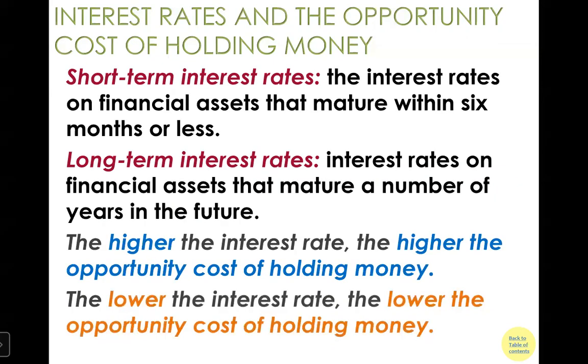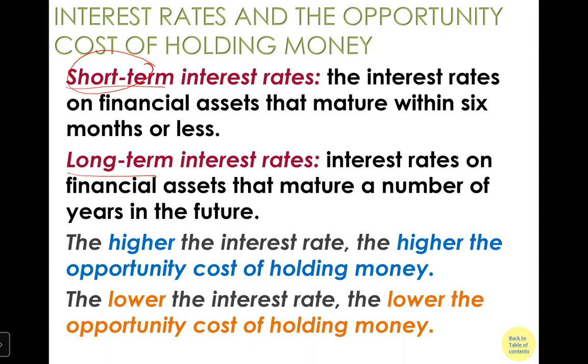Here, we also want to differentiate between the short-term interest rate and the long-term interest rate. That is essentially measuring the interest for different financial assets. Short-term is for financial assets that mature within 6 months.